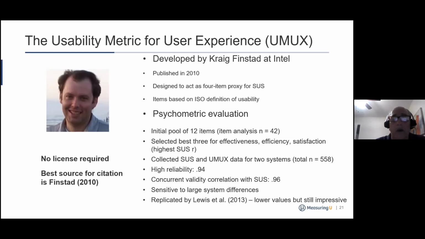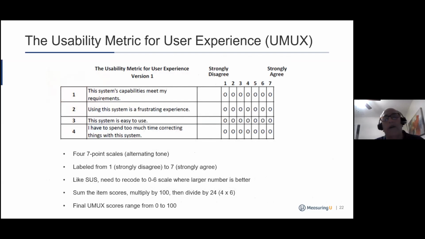And these are the 4 items that he came up with. Now, I came across this in 2010. Around 2011, 2012, I was talking to some other folks doing UX research at IBM, and they were really excited about the possibility of using a 4-item instrument instead of 10, because a lot of their research was done in large surveys, and that made survey real estate really valuable.